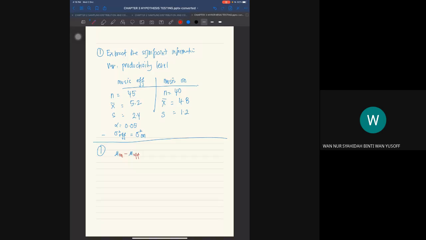Do we have a new note here? Is there any population mean from this information?